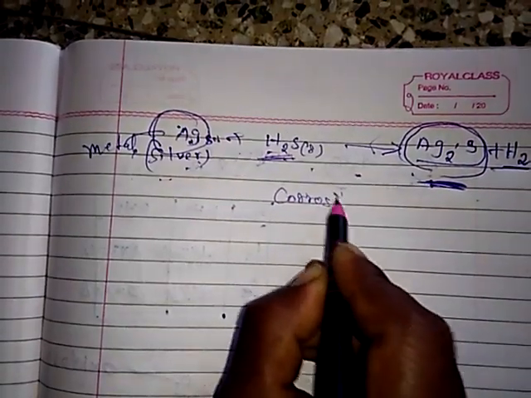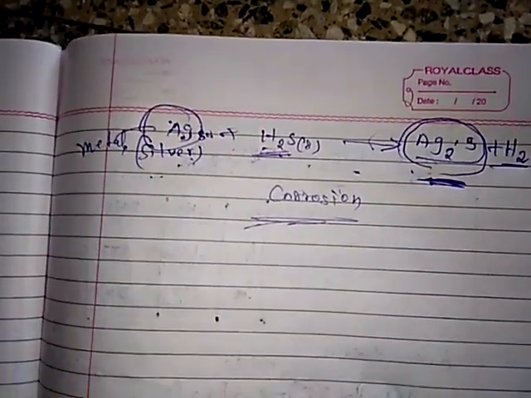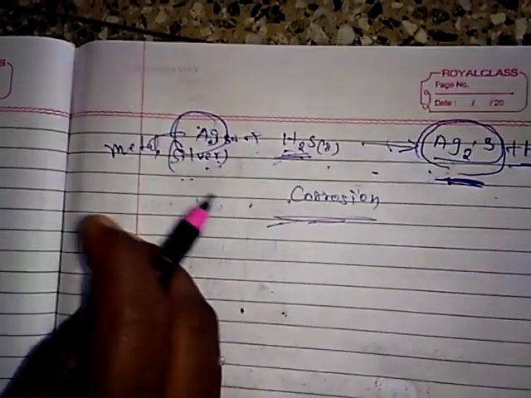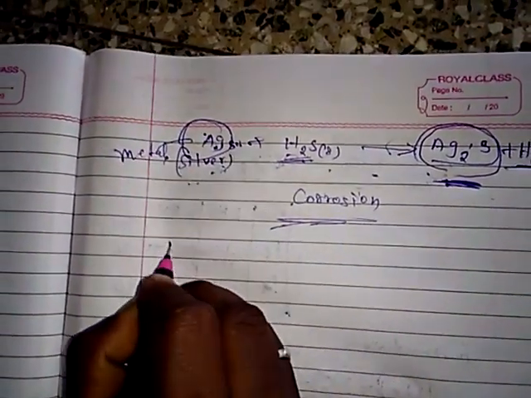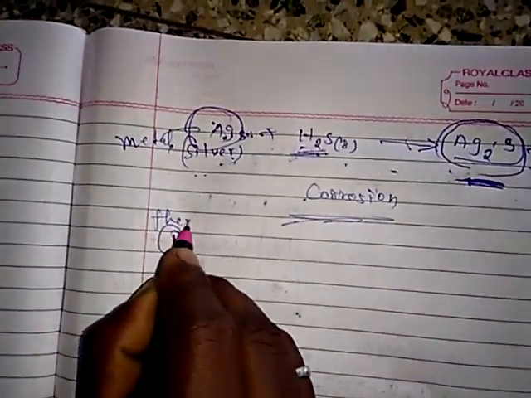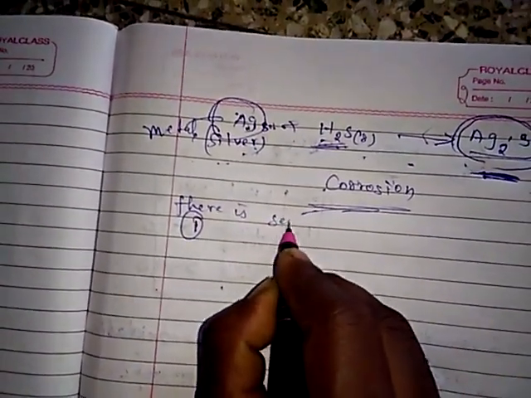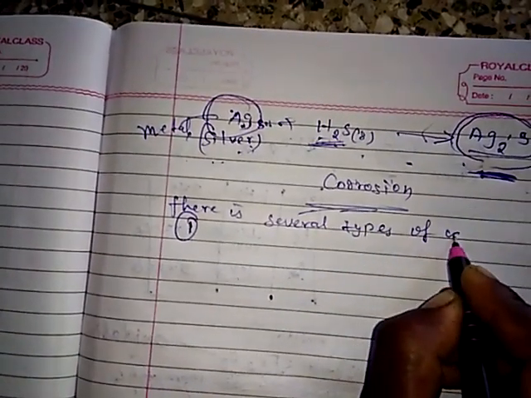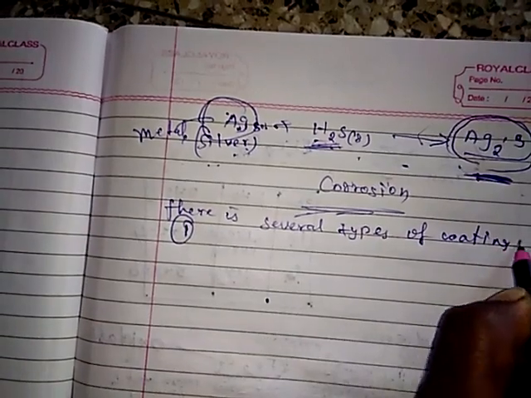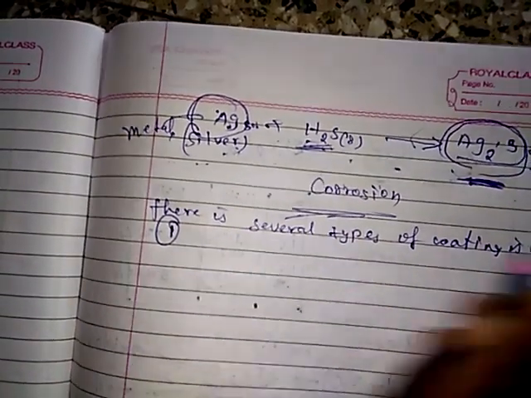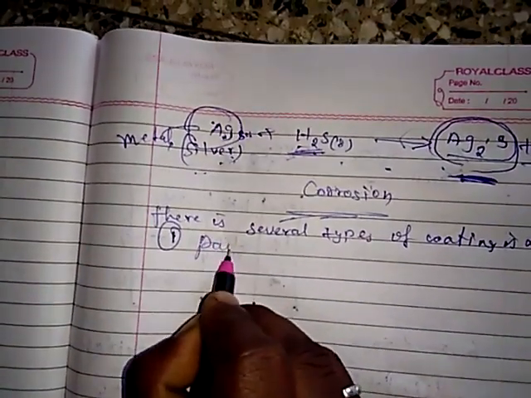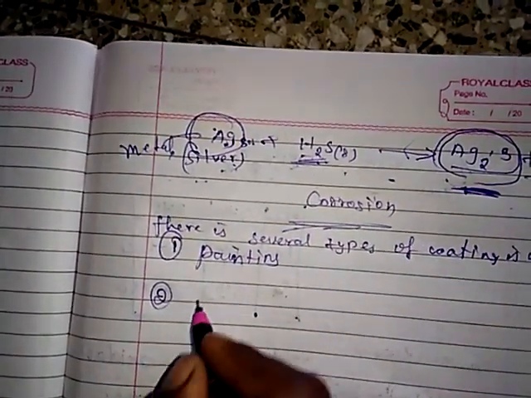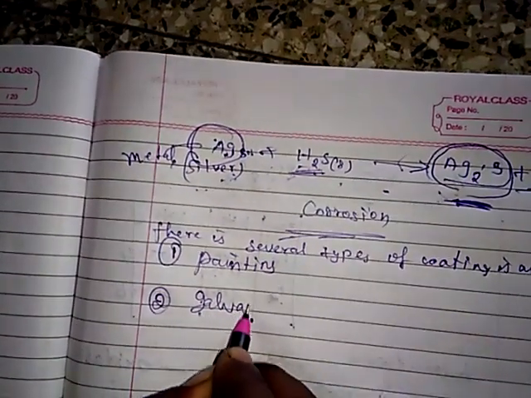Now, to prevent corrosion, there are several types of coating available. First point, painting. Second, important, galvanization.